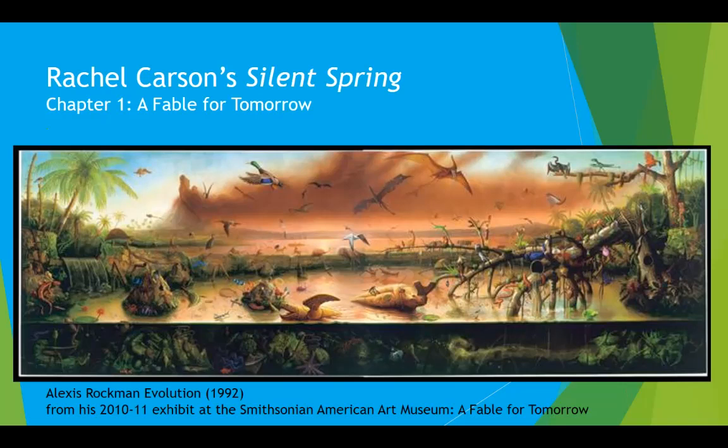This painting is titled Evolution, and it was done in 1992, but it's from his 2010-2011 exhibit at the Smithsonian American Art Museum, and his exhibit was titled A Fable for Tomorrow, because he said he found a lot of his inspiration in nature and the world around him, and the threat to that from environmental causes, being inspired by people like Rachel Carson. So here we go.